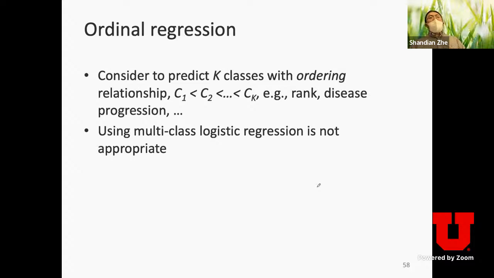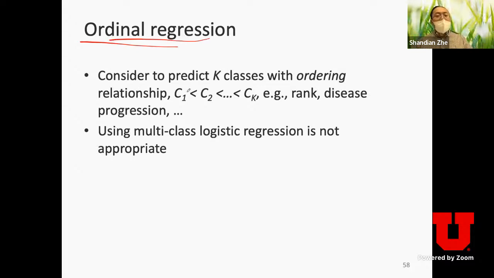That means it's a multi-class classification. But those classes actually have orders. You cannot put 2 in front of 1. You cannot put 3 in front of 2. You have to consider their ordering information. So in this case, we call this problem not just multi-class classification. Instead, we usually call it ordinal regression.